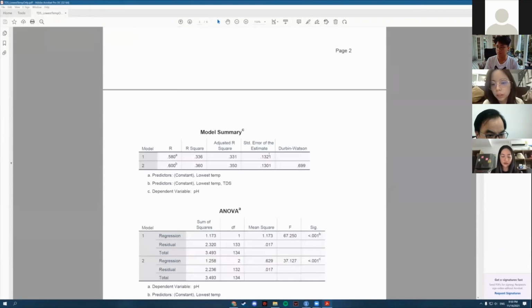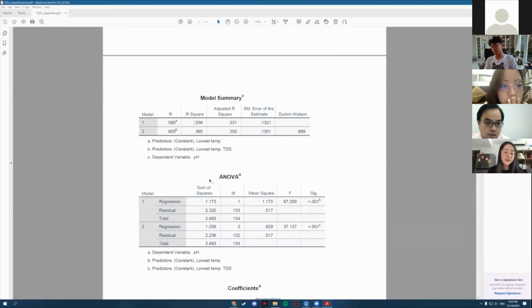Now let's take a look at the R square of the 2 models. As you can see, the R square of the 2 models are pretty low. What it essentially means is that these 2 models can only predict 33% to 36% of the pH, which is considerably low compared to other types of models.